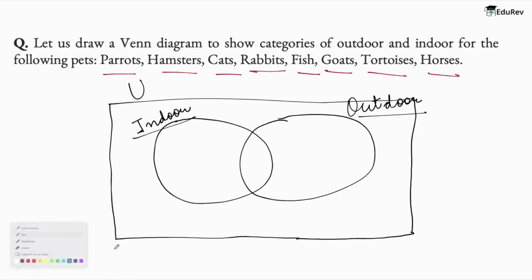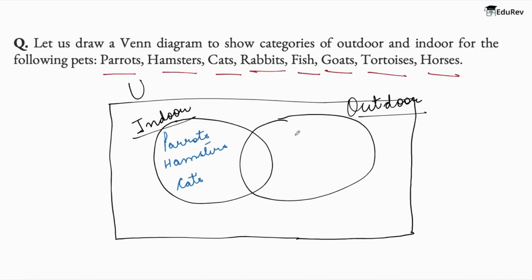So now we are going to write the names of these animals, okay? So parrots are indoor, then hamsters, indoor animal, then your cats, again your indoor animal.